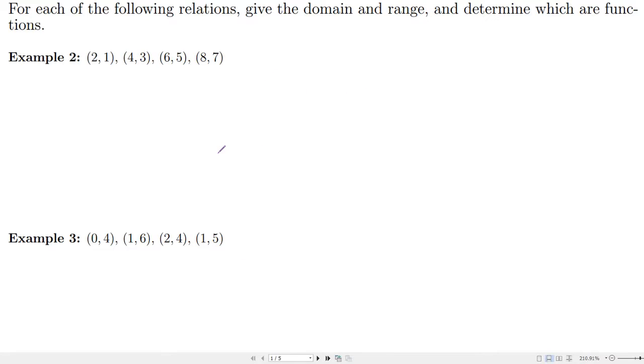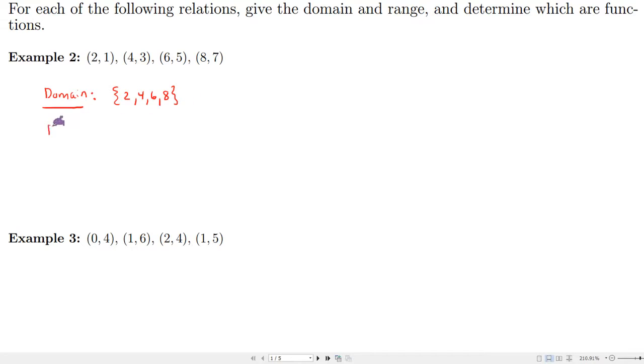Okay, so in the first collection, what would the domain be? This is just going to be the set of all first coordinates in these pairs. So the domain would be 2, 4, 6, and 8.